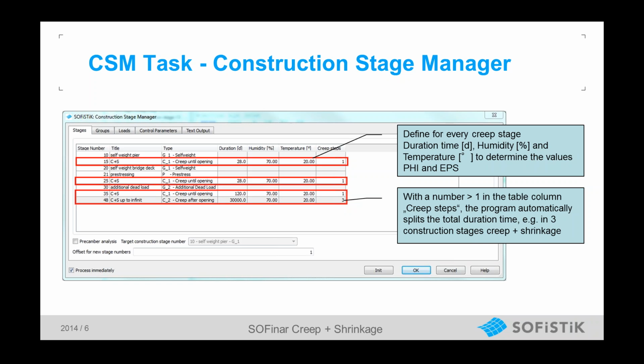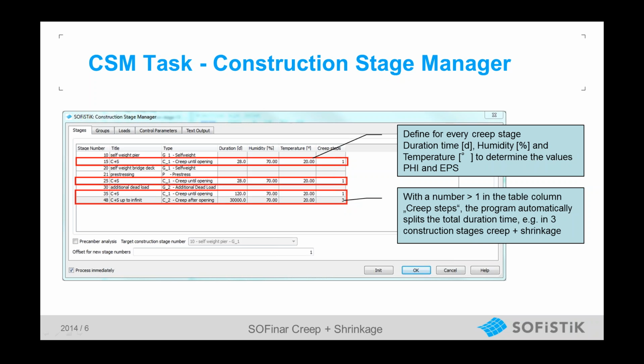So it's just to gain some more accuracy inside the analysis process. And you're done. So in this simple table, you simply define creep and shrinkage steps, tell the program how long every step will last, and tell the program how many steps you will create.